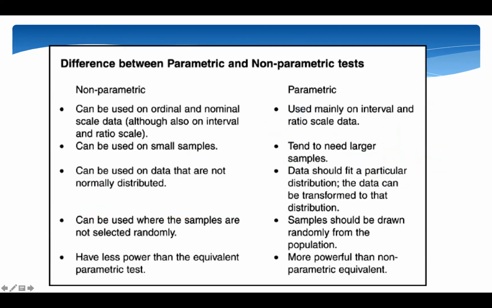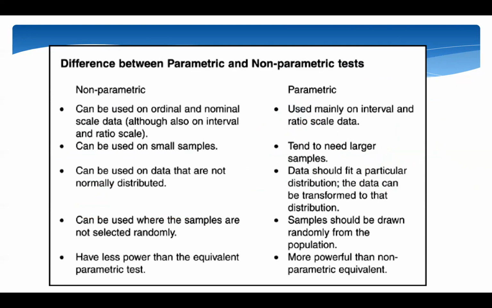Right. So basically, the difference is that for parametric tests, we use interval and ratio scale data, which is much more quantifiable and measurable. For non-parametric tests, it's the other way around. If we have data which is on an ordinal or nominal scale, then we use a non-parametric test.